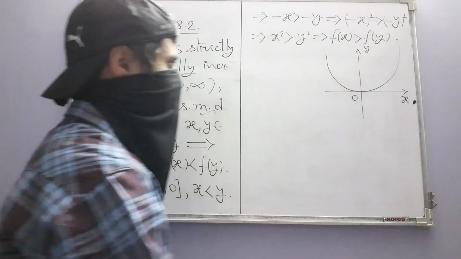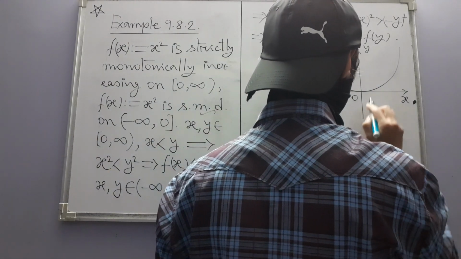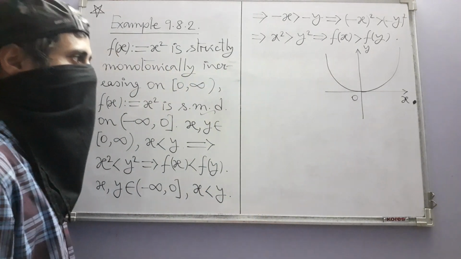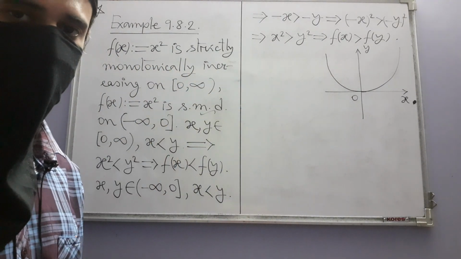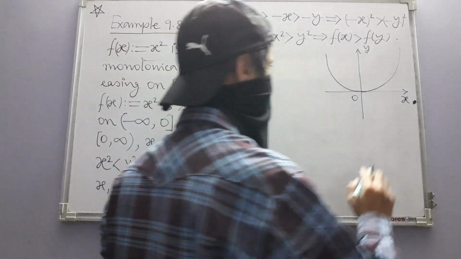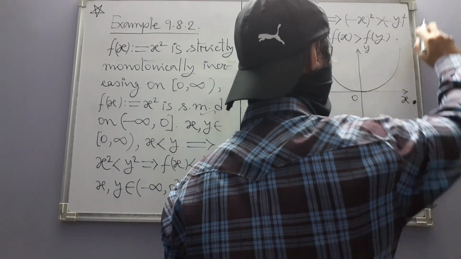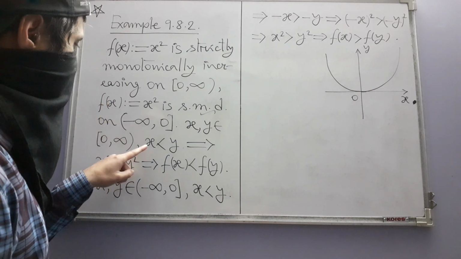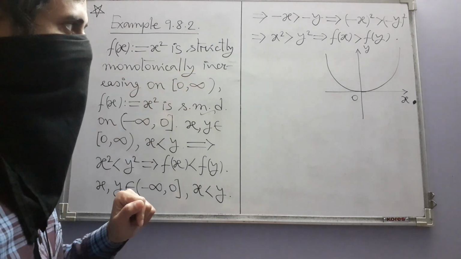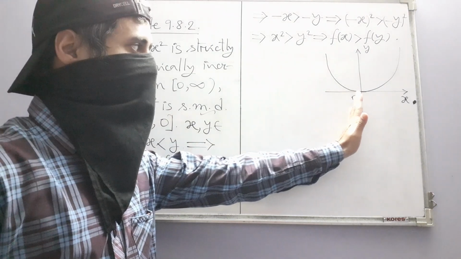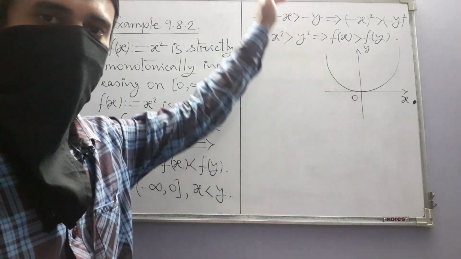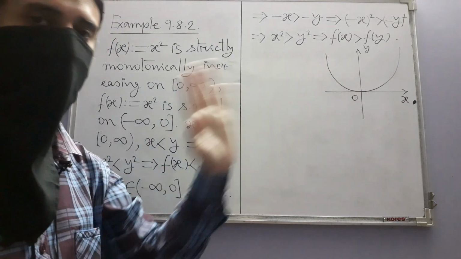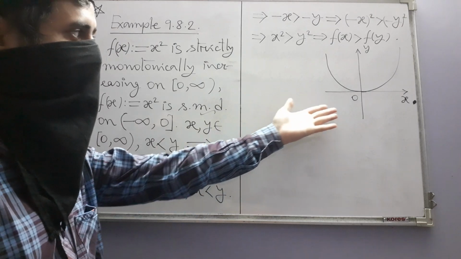So what is the set of non-negative real numbers? It is the right side of the x-axis including the 0, including the origin. And on this side the graph is steadily increasing. So that is why it is strictly monotonically increasing. Whereas on the negative side including 0, the graph is steadily decreasing. That's why it is strictly monotonically decreasing. So that way we can see it.